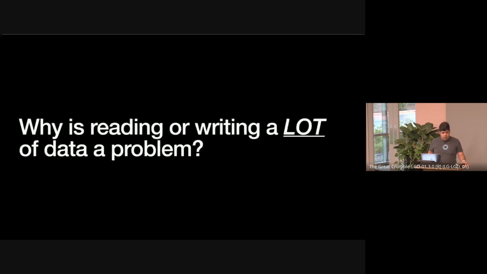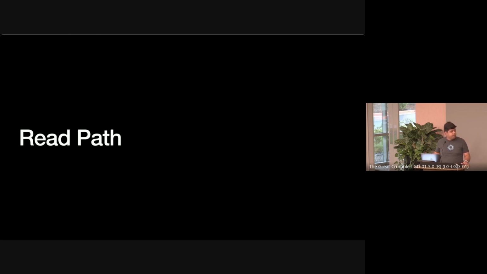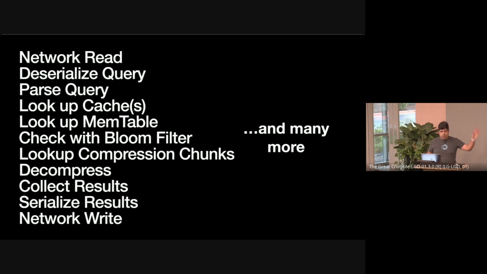But what makes this hard, right? Why is reading a lot of data a problem? This is supposed to be a very scalable database, and it is for the purposes of serving OLTP traffic. But what happens in OLAP workloads is, I'm just going to give you the TLDR. The read path of Cassandra at a very large scale becomes expensive. So there's a lot of stuff that goes on when we want to read data out of Cassandra.